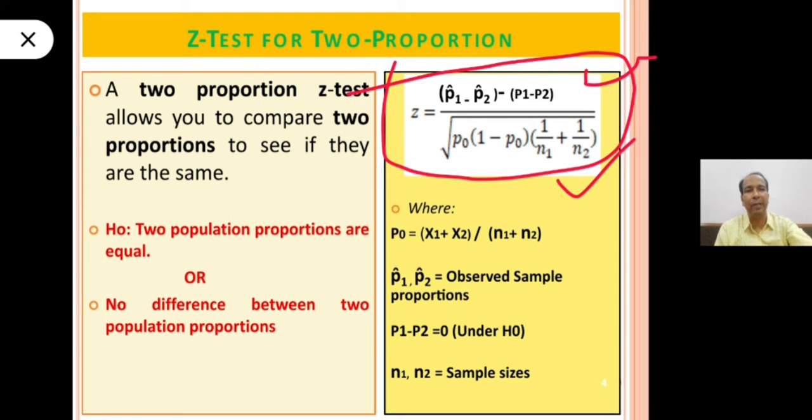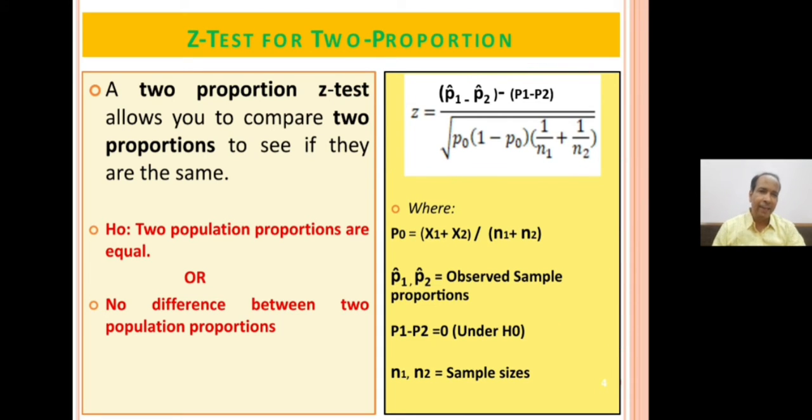P1 hat and P2 hat are observed sample proportions. P1 minus P2 under the null hypothesis is 0 because the null hypothesis is of no difference. No difference means P1 minus P2 equal to 0. N1, N2 are sample sizes. So that's how you can see what the Z statistic is.